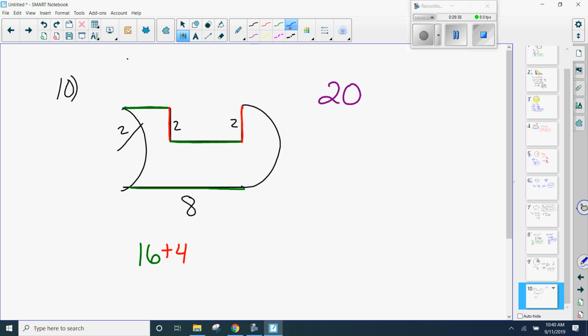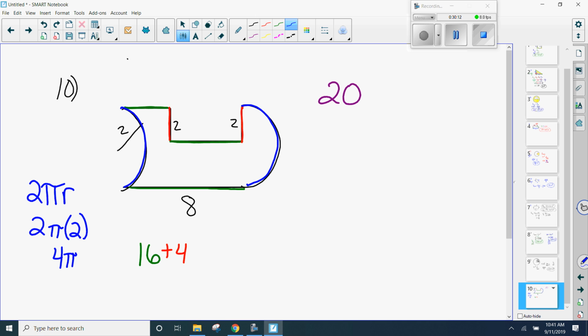Now, what do you notice about, if I were to draw this, I have this and this. If I put those together, what have I created with those two segments? A full circle. And what is the formula for perimeter or circumference of a circle? 2 pi r. So what is the radius? 2. So you have 2 times pi times 2, which is 4 pi.